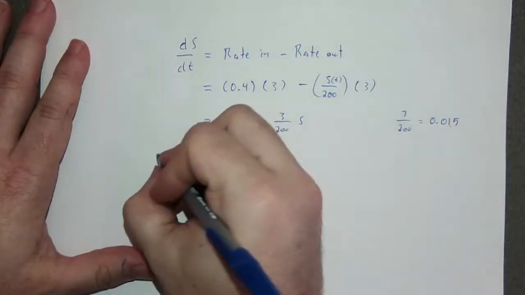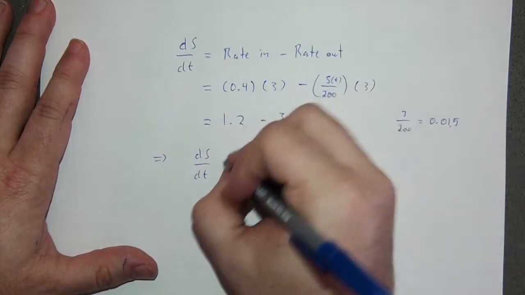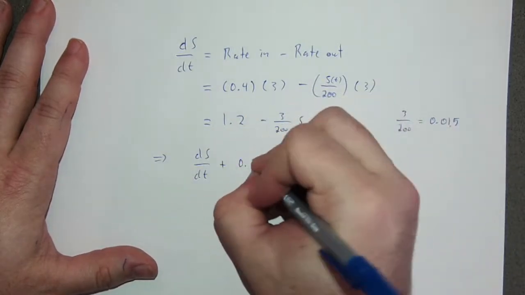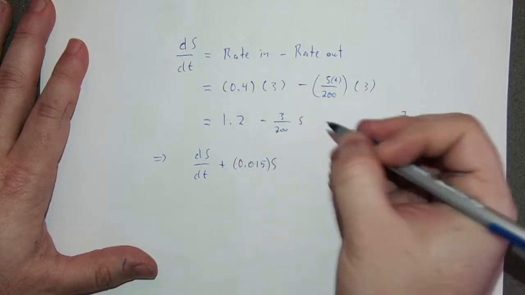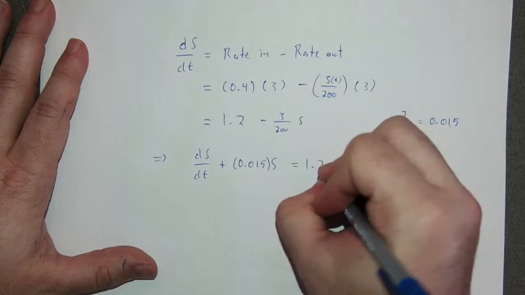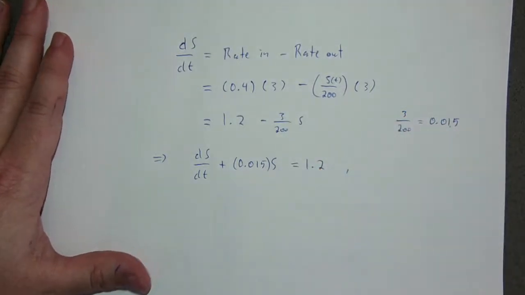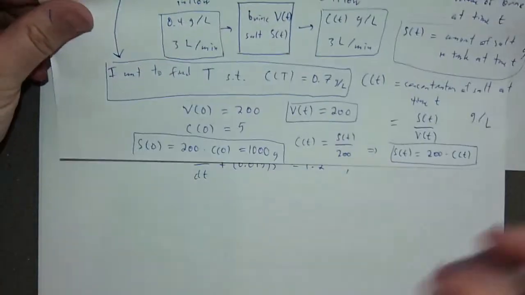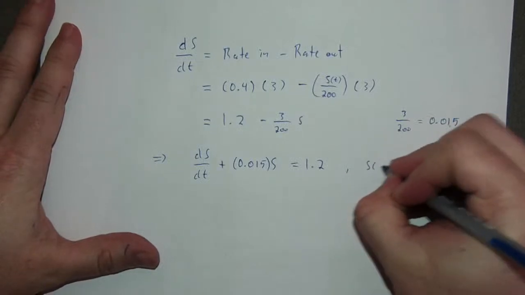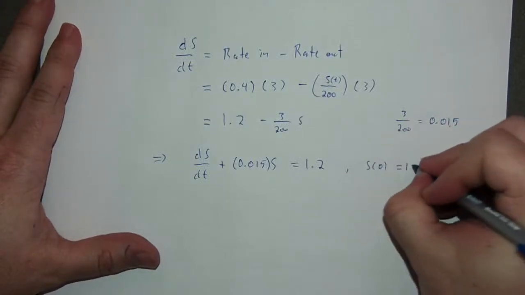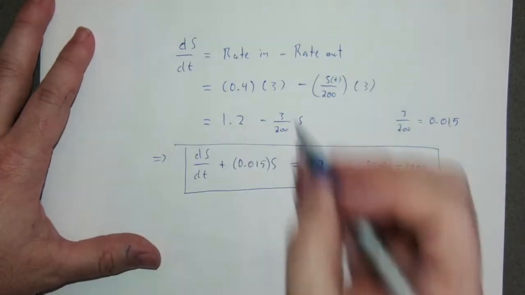And so I can rewrite this as dS/dt plus 0.015 S is equal to 1.2. And of course, I also have this initial condition that I figured out on the previous page. S of 0 is 1,000 grams. Here's my IVP.